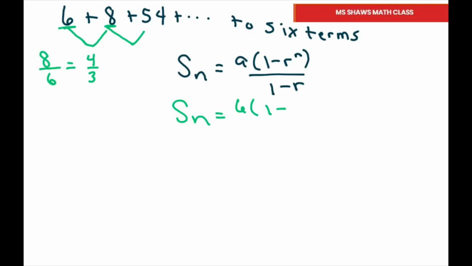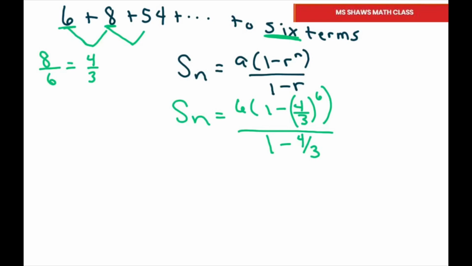Alright, so R is 4/3. And you raise that to 6, because we want 6 terms, divided by 1 minus 4/3.